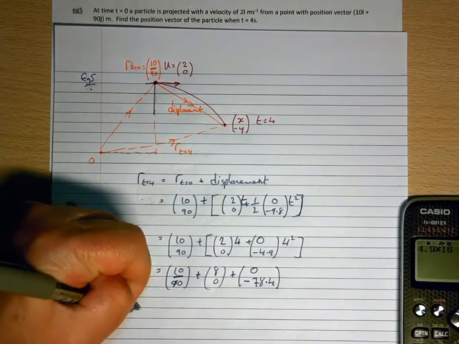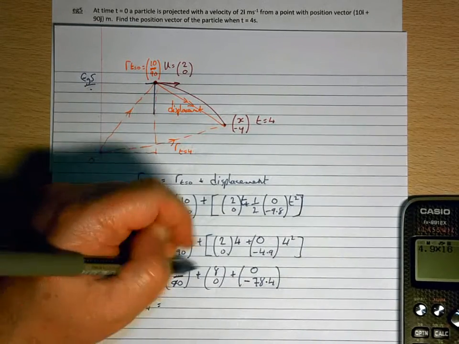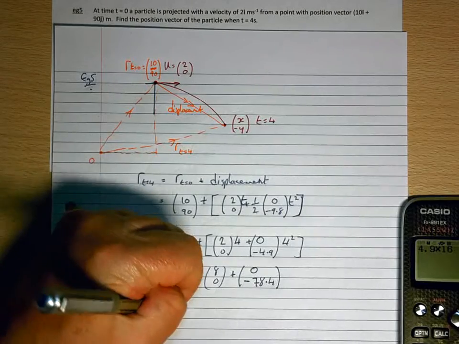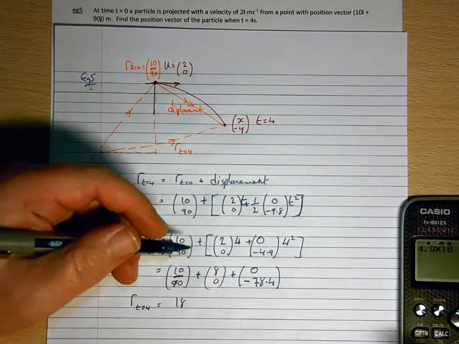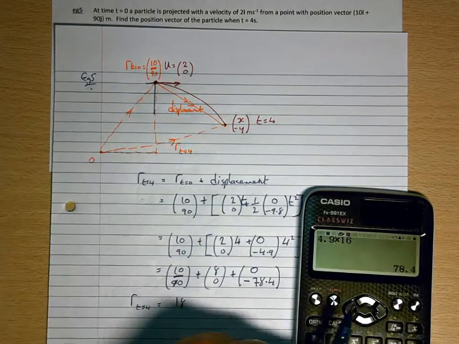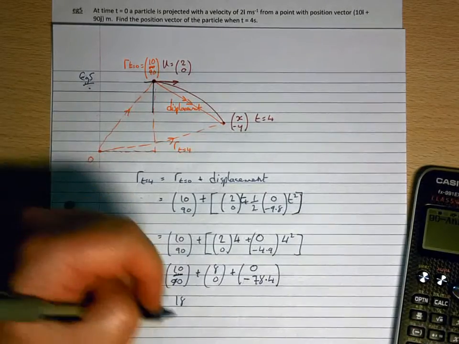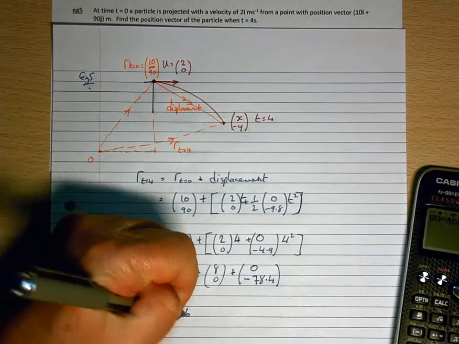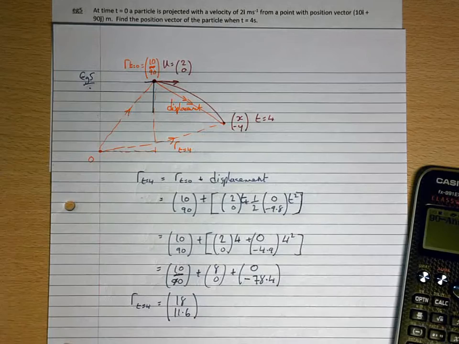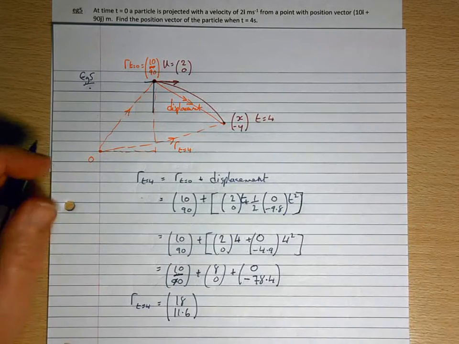So r at t equals 4 is going to be 18, and 90 minus 78.4 is 11.6. Now we're writing in column vectors.